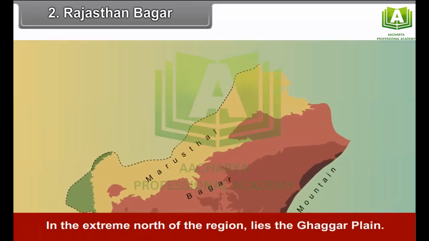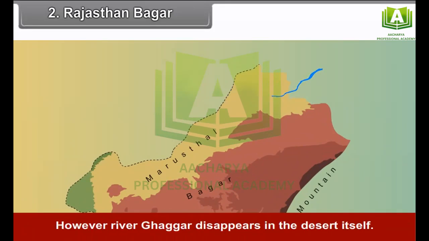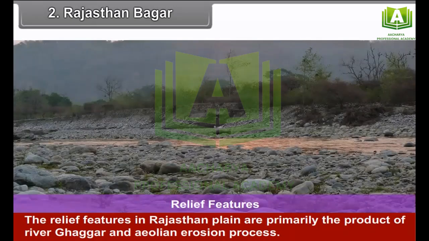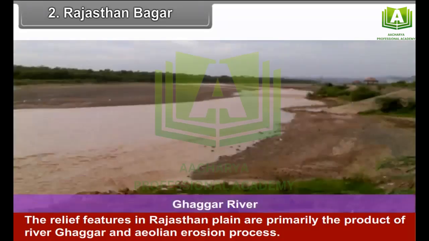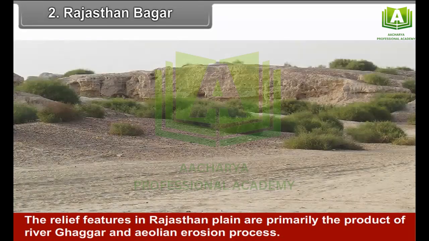In the extreme north of the region lies the Ghaggar plain. However, river Ghaggar disappears in the desert itself. The relief features in Rajasthan plain are primarily the product of river Ghaggar and aeolian erosion processes.